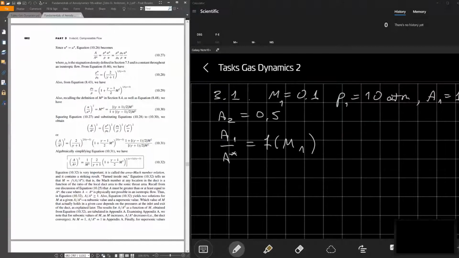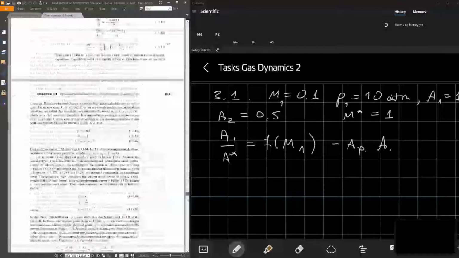We know that in the throat, M asterisk is equal to 1, right? I will not use this formula. Instead of this formula, I'm using appendix A, and it represents the same formula as we have, only in numerical form.